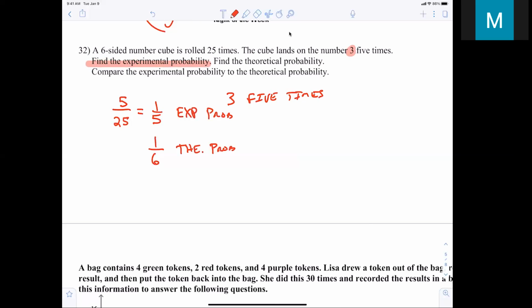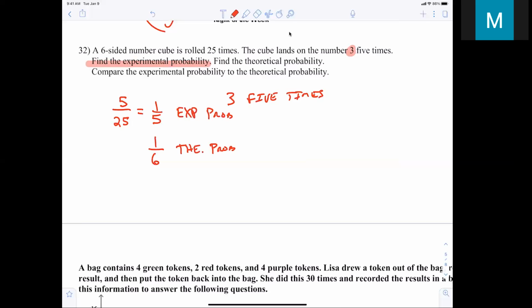So what they wanted you to look at here is that the experimental probability was a little bit greater than the theoretical, but it wasn't that far off. Do you agree with me on this? 1/5 and 1/6, not that much difference.